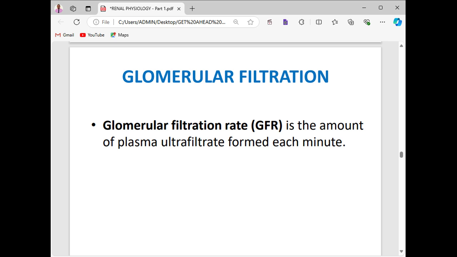So the ultrafiltrate which is formed contains all the substances in plasma except the plasma proteins. Now back to glomerular filtration rate, which is the total quantity of the filtrate formed in all the nephrons of both kidneys in a given unit of time.